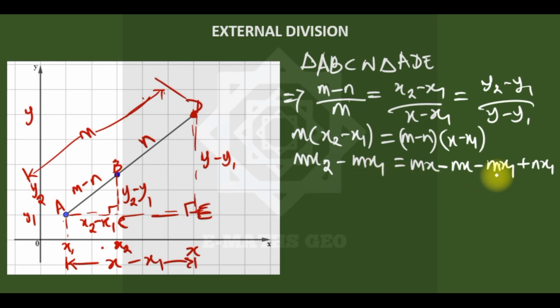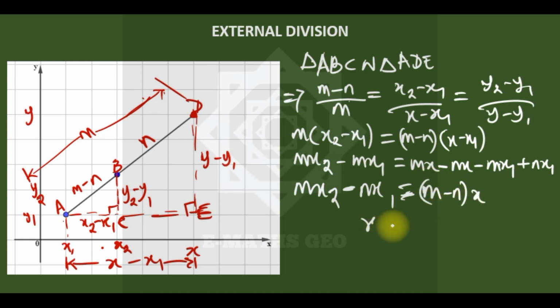As you can see, there is a common term, so this is out, this is out. So we have mx2 minus nx1 equals, we have x here and x here, so we factor x. Solving for x is now mx2 minus nx1 over m minus n. So that's the x coordinate of our external division.